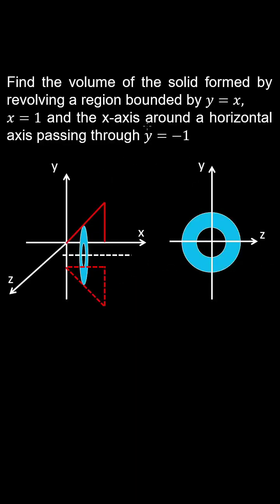Let's find the volume of the solid formed by revolving this region around a horizontal axis passing through y equals -1. So because the region is not touching that axis, we can use washers, and the area of the outer washer is pi by the radius squared, which is 1 plus y squared.